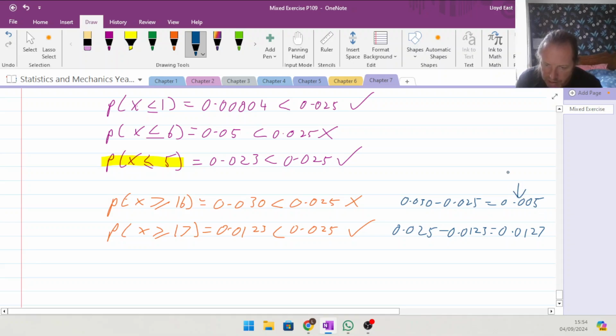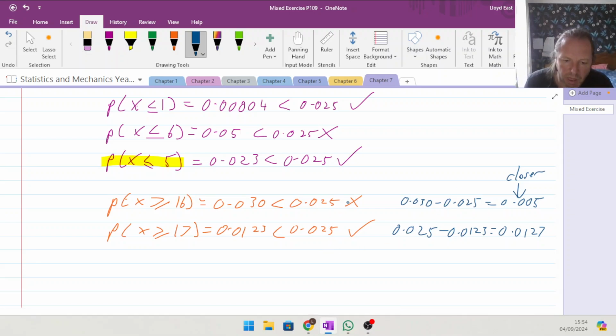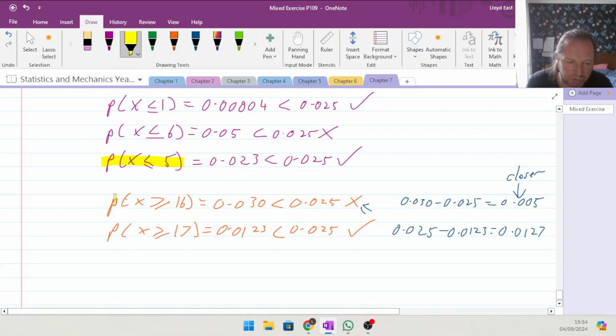The 16 is closer, because in essence 5 and 12.5 thousandths. So this is actually going to be the other critical region.